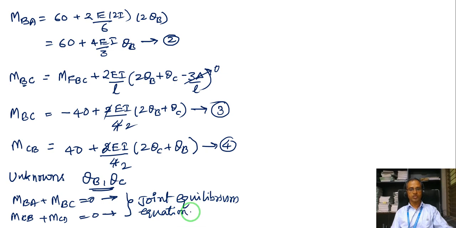Joint equilibrium equations are available, so let us solve them to get theta B and theta C. Let us have MBA plus MBC equal to 0.